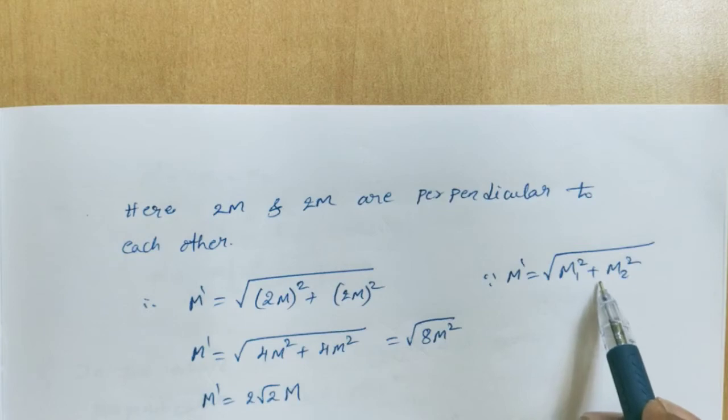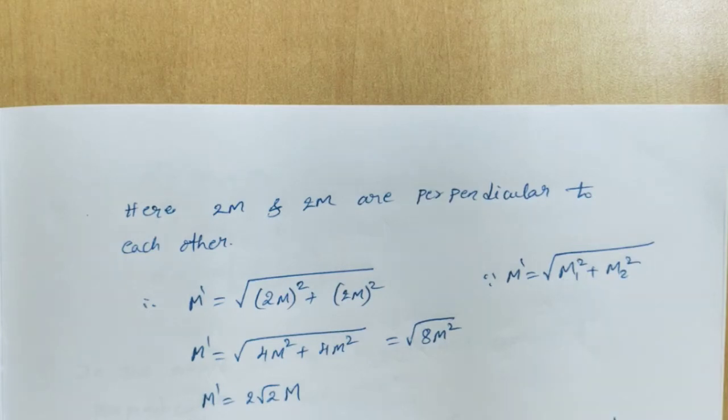On simplification, square root of 4m square plus 4m square, that is equal to square root of 8m square. So finally m dash is equal to 2 root 2 m. 2 root 2 m is the value in this case. Okay students, are all following or not? Further, now we are ready to discuss a slightly different model.